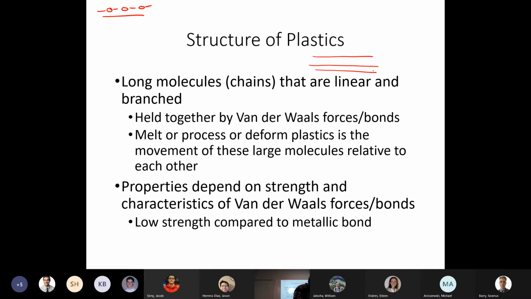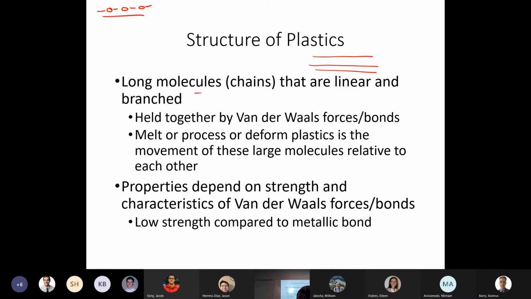So they're going to be just stretched out. These are still three-dimensional molecules, and they're covalently bonded. So there is a three-dimensional geometry. There may be some twists in there as well.